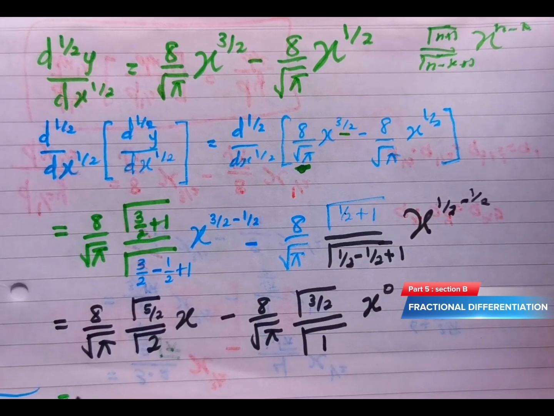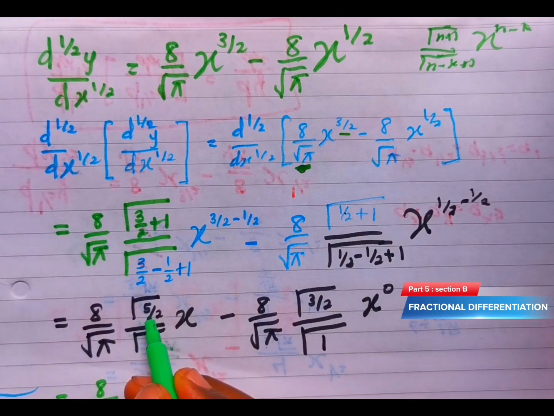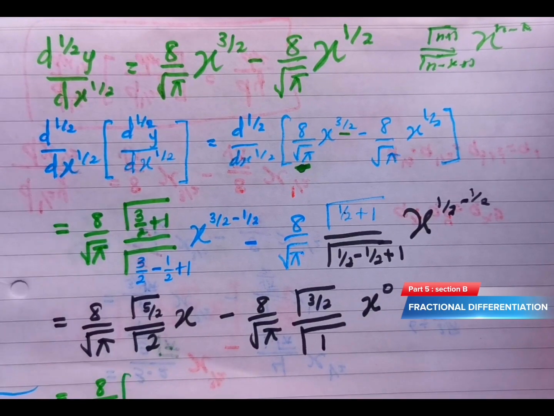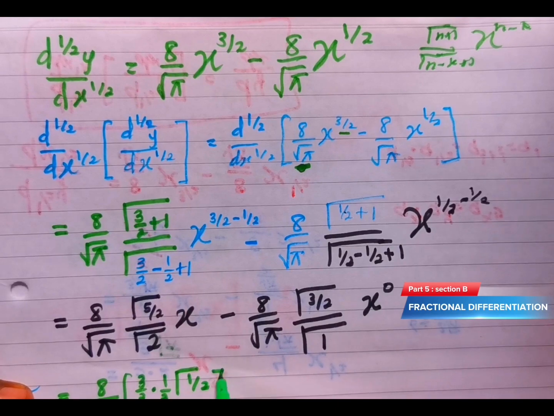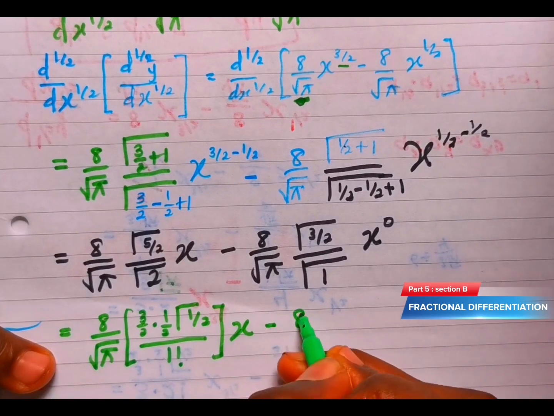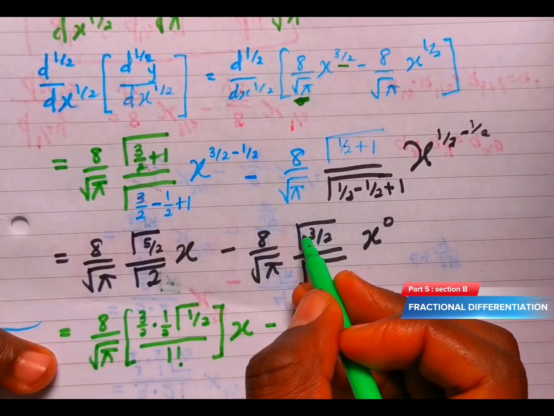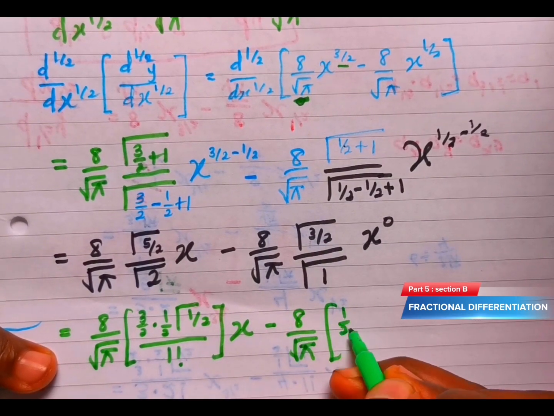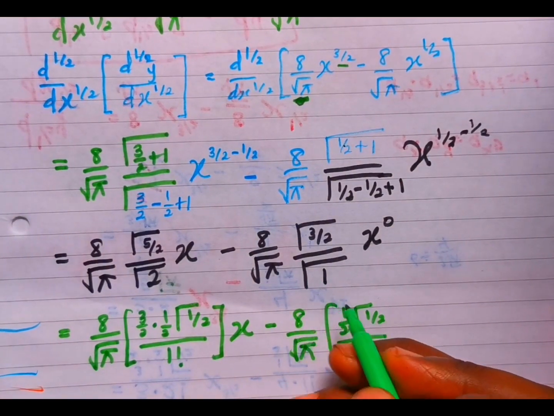So over here I have 8 over the square root of pi, then the gamma of 5 over 2, which is the same thing as 3 over 2 times 1 over 2 times the gamma of 1 over 2, over the gamma of 2, which is 1 factorial. Then I have my x over here. Then minus 8 over the square root of pi, but the gamma of 3 over 2 is the same thing as 1 over 2 times the gamma of 1 over 2, over the gamma of 1, which is 0 factorial, and 0 factorial is 1.